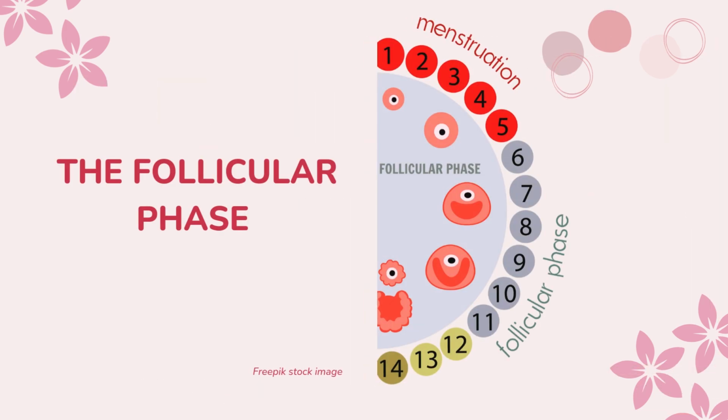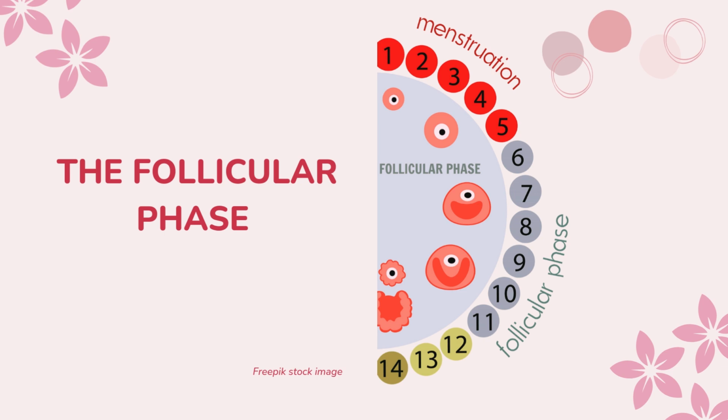As we have seen in this first half of the cycle, the dominant follicle is running the show, which is why we call it the follicular phase. It kicks off on day 1, the first day of your period, and wraps up on the day of ovulation. In a textbook 28-day cycle, this phase takes up the first 14 days.